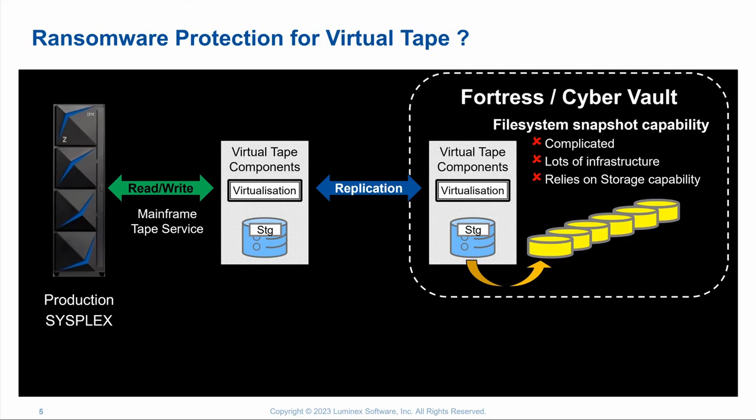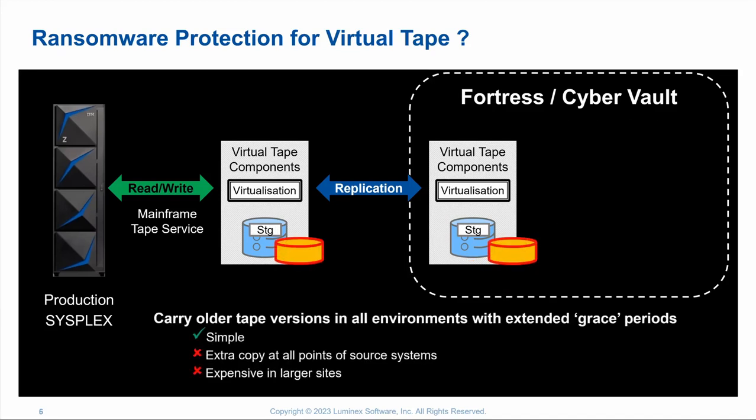It brings in quite a lot of infrastructure. And it's not just the infrastructure to achieve the snapshot, it's the infrastructure to roll back to a previous copy. Do you roll back with the virtualization capacity in the cyber vault? Do you roll it back and present that file system to the virtualization capability in your production environment? How do you achieve all of this? So I think this is quite a heavy option, but it definitely works. You know, we have services around this. So that's the snapshot service.